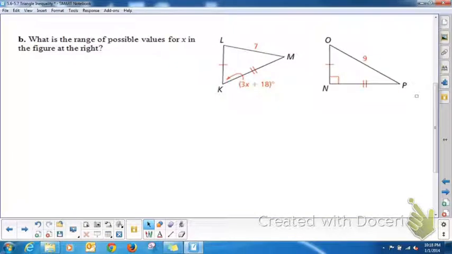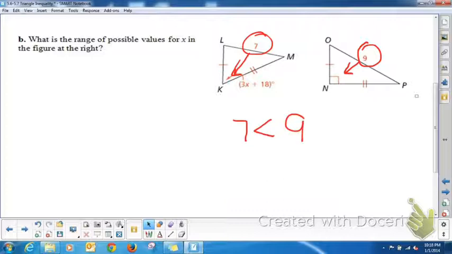What is the range of possible values for x in the figure at the right? Well, if this side is 9 and it's across from a 90-degree angle, and this side is 7, what do you know about this angle? 7 is what to 9? 7 is less than 9.